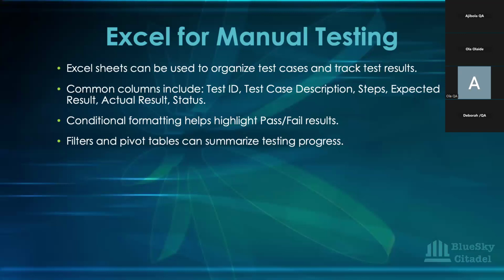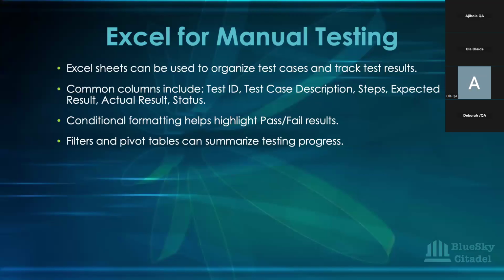Then you can use it to filter, pivot table, and you can summarize testing progress. So with Excel, you can have a pie chart that indicates how many tests fail or how many tests pass. So it's just for you to know, okay, this test has failed, this test has passed. We won't be doing the pie chart tonight, but we can do that maybe tomorrow. We can use our pie chart to give a summary of what passed, and we can also use a pivot table to summarize the testing progress.